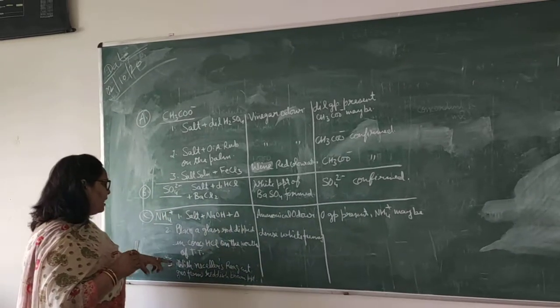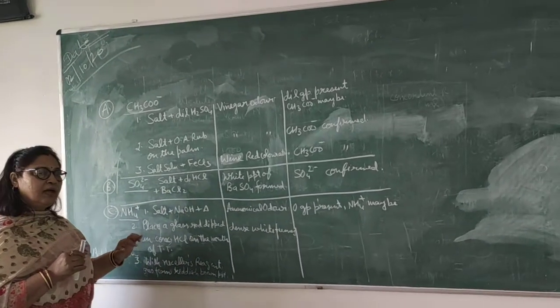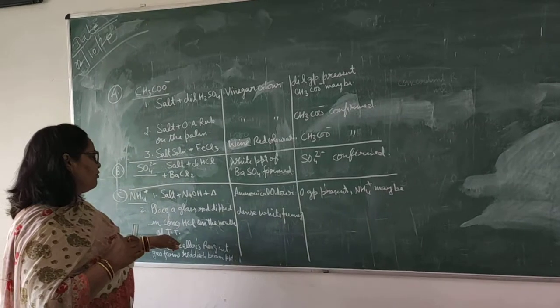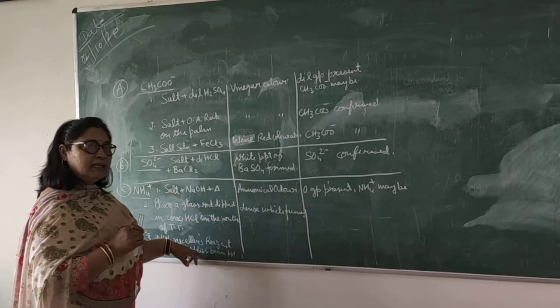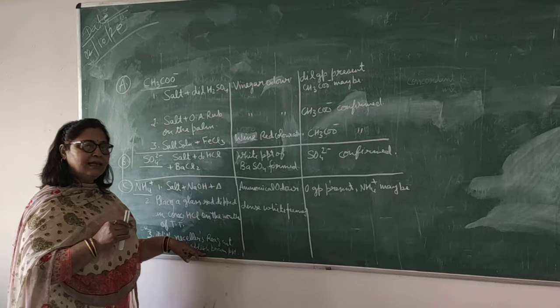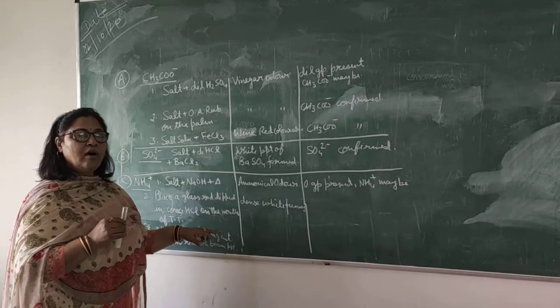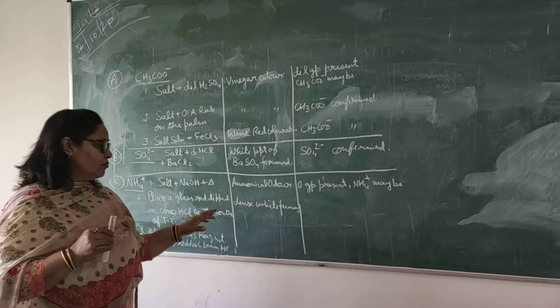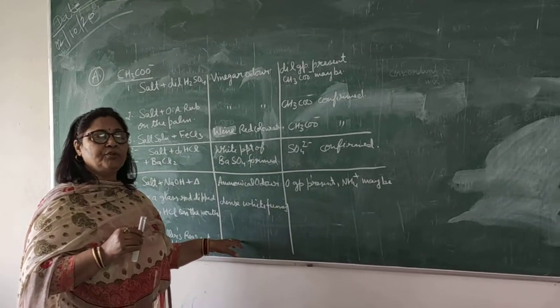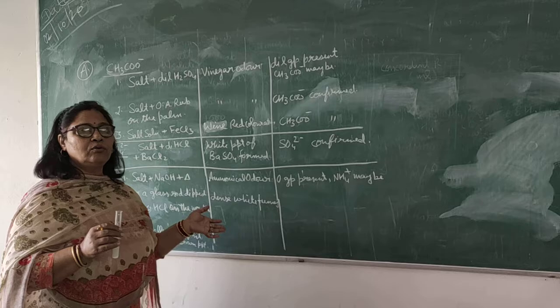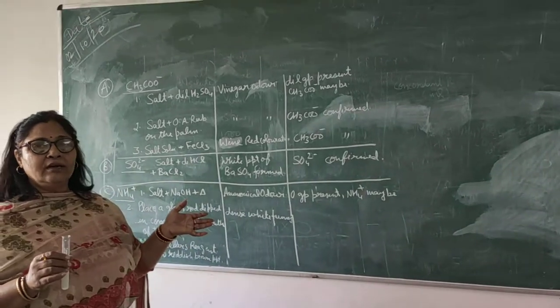Then another test is when we add some Nessler's reagent in the same test tube, when ammonia gas is released, then this released ammonia combines with Nessler's reagent to form Millon's base. The color of Millon's base is reddish brown. So this is all about your ammonium salts.